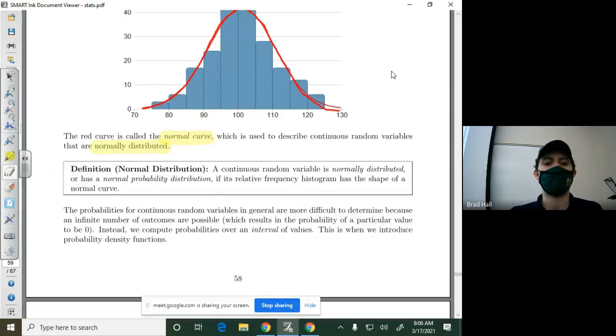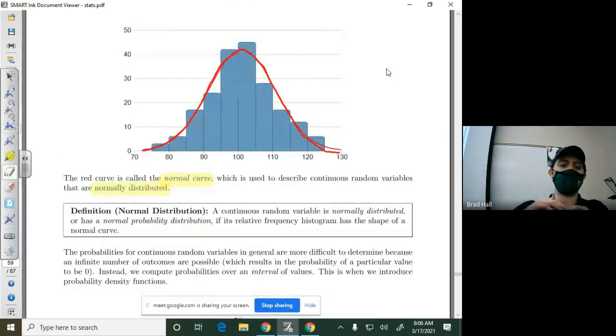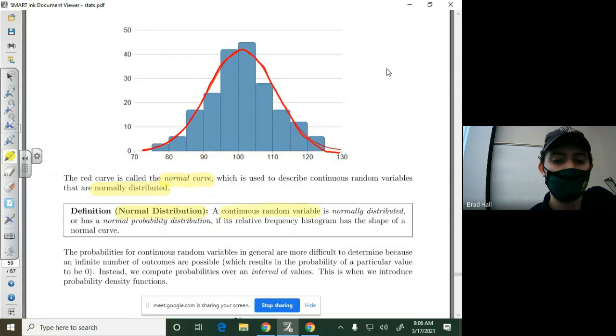So let's talk about a normal distribution in a slightly more formal sense. A normal distribution refers to a continuous random variable.